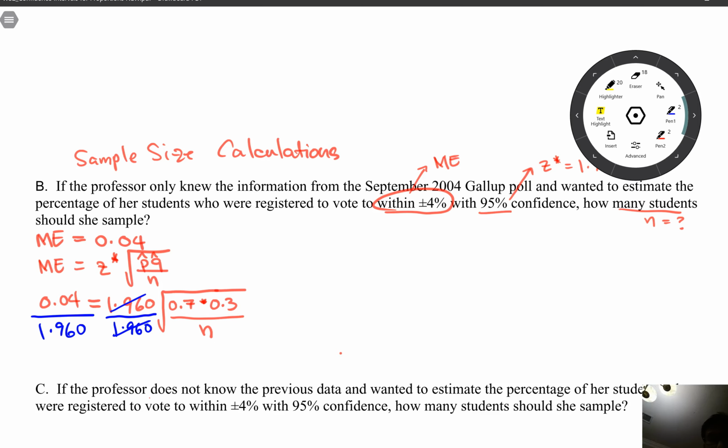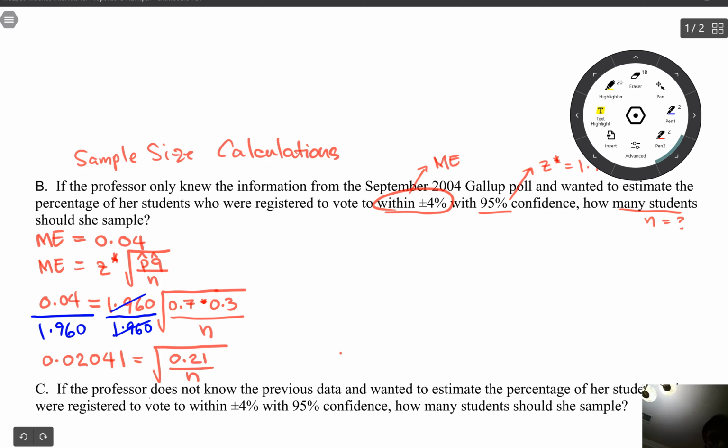It's going to give us 0.02041, and that's equal to the square root of 0.7 times 0.3, so that would be 0.21, divided by n.